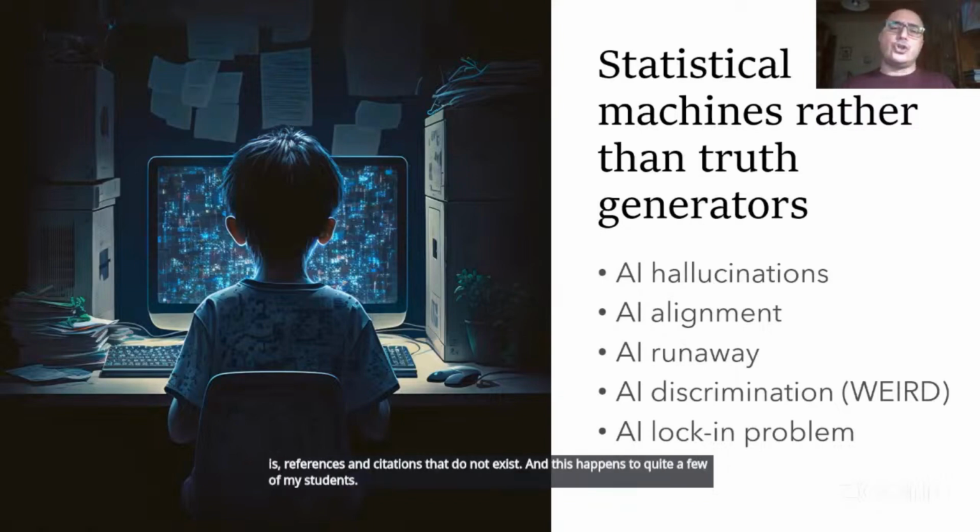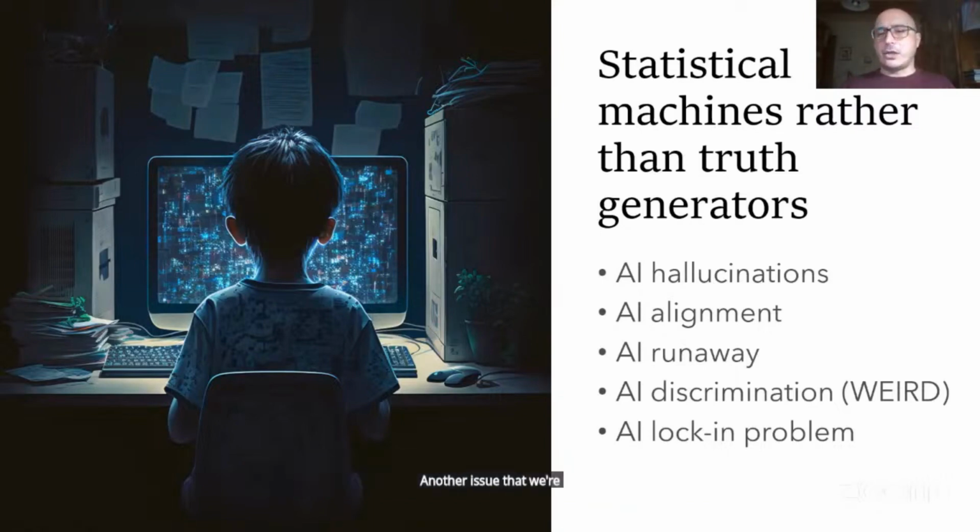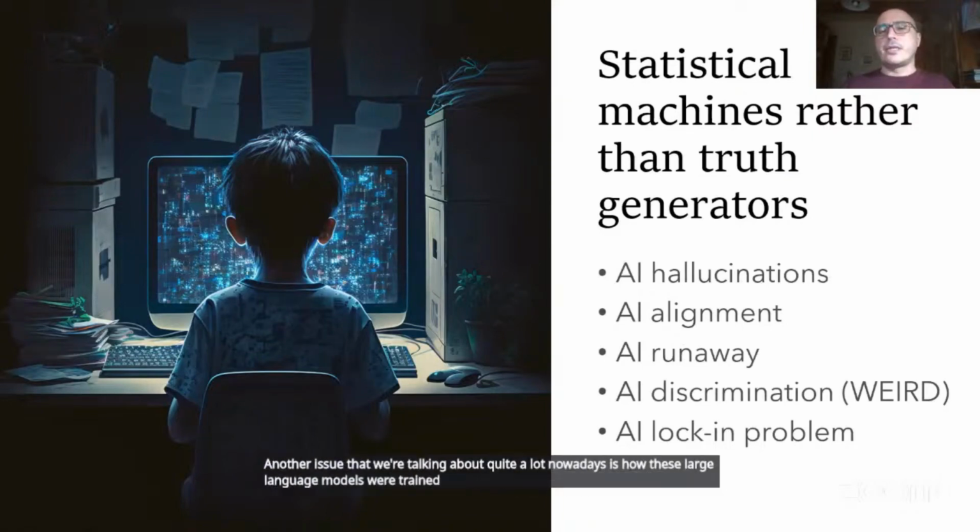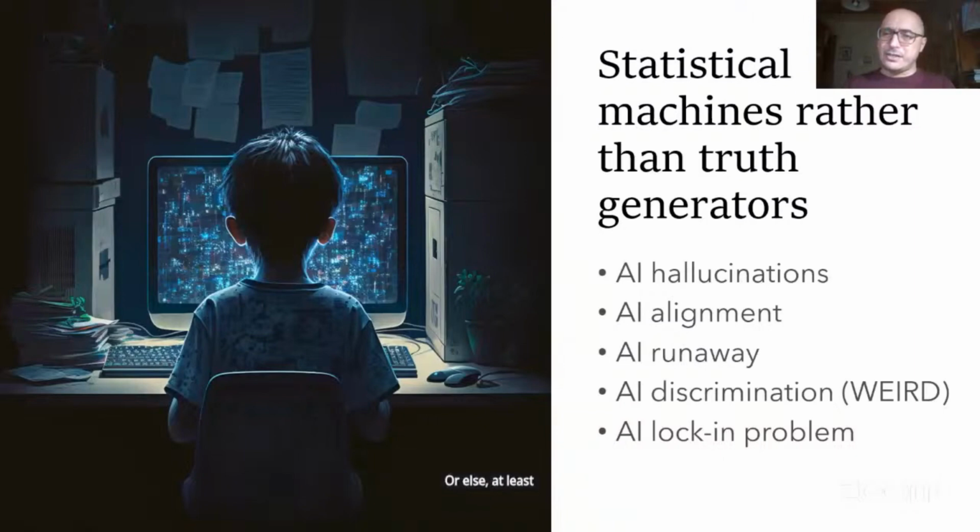Another issue that we're talking about quite a lot nowadays is how these large language models were trained on a specific kind of data. And most often, what's happening is that there is a misrepresentation of reality, or else at least there is a biased perception of reality. And that's why the acronym WEIRD was invented.